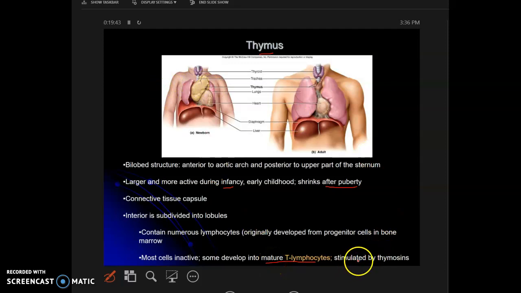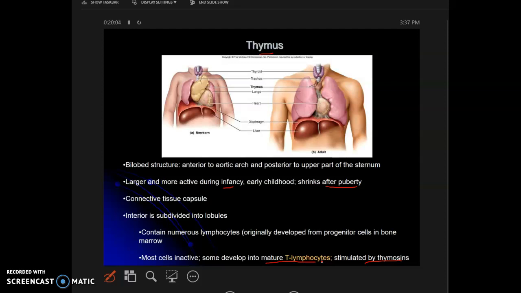And this is stimulated by a hormone. The maturation of the T lymphocytes is stimulated by thymosin, a hormone produced by the thymus. I repeat, T lymphocytes' origin is the red bone marrow. After the origin, they go to the thymus for maturation.